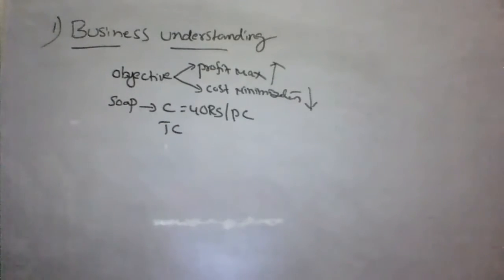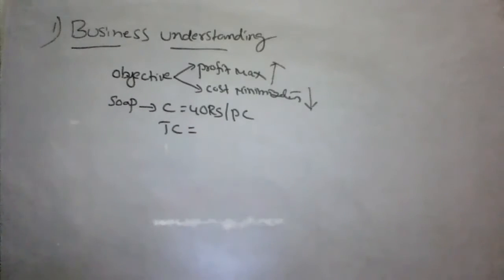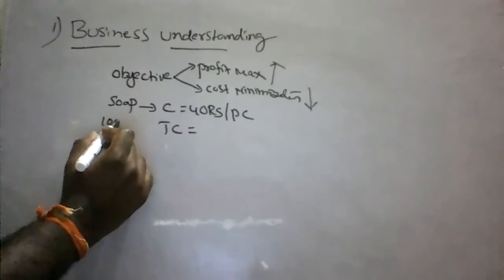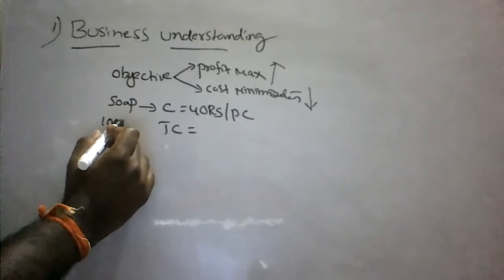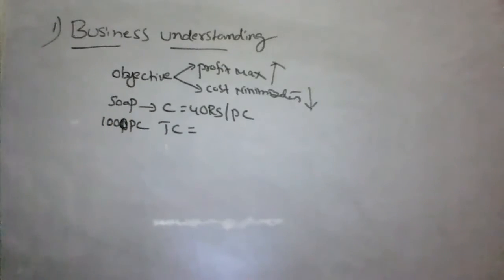That means the total cost of all the factors, including material, machinery, men, and all related expenditure. Let us say I am going to produce 1000 pieces in my small scale industry.